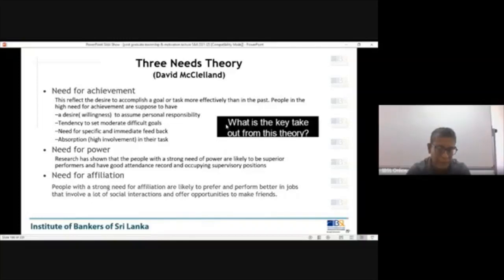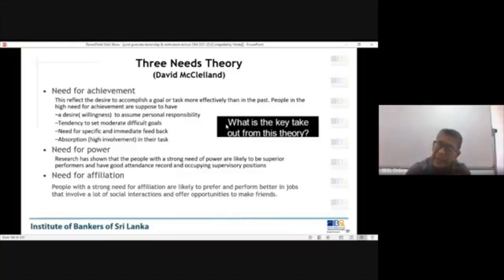And then some people need affiliation. People with a strong need for affiliation prefer and perform better in jobs that involve a lot of social interactions and offer opportunities to make friends. So what is the key takeaway from this theory?